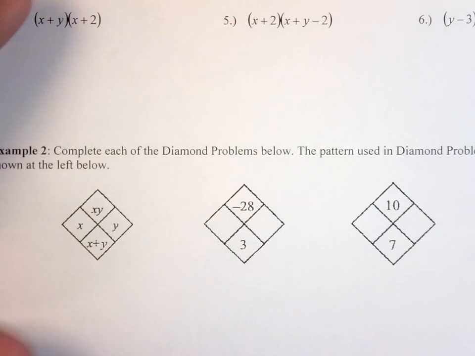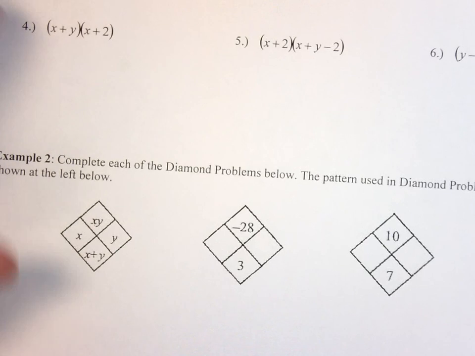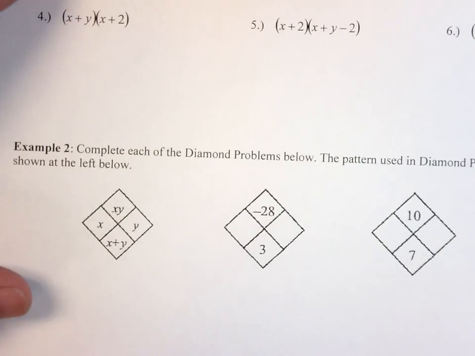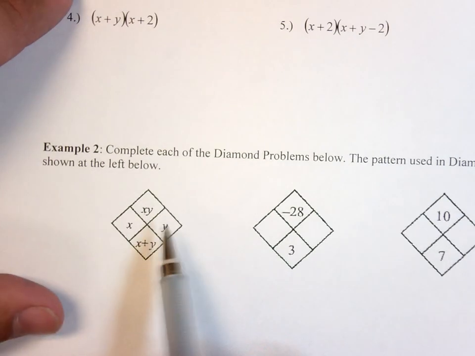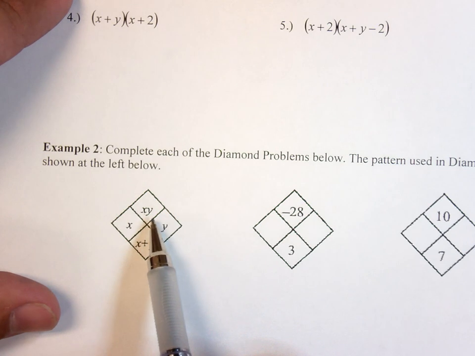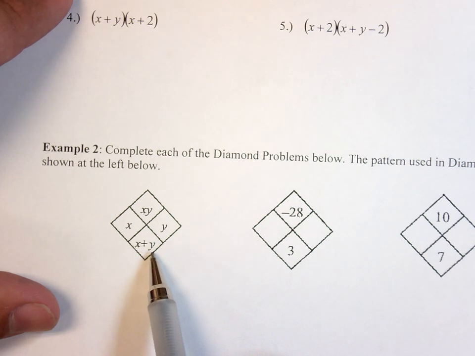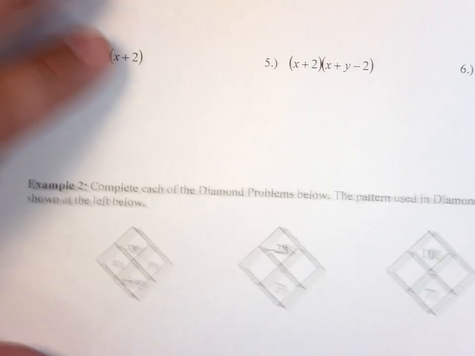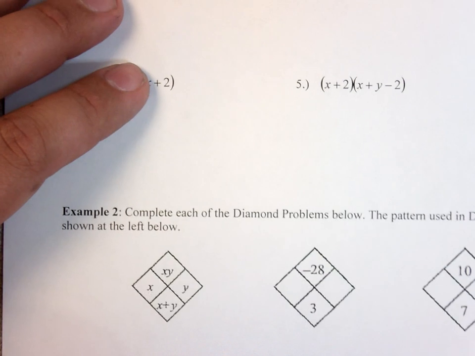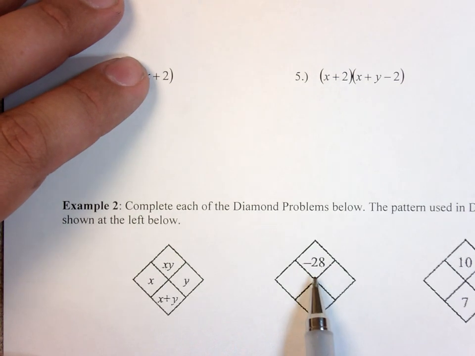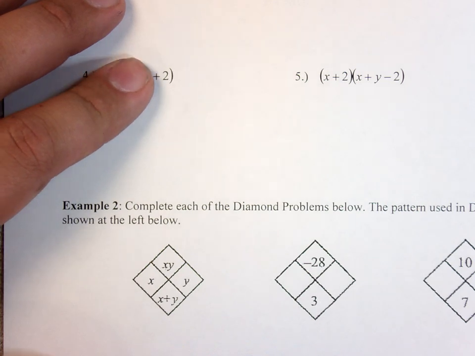All right, moving down to example 2, looking at our diamond problems from algebra. The top of our diamond problem is the product of x times y, and the bottom of our diamond problem is x plus y. So we're looking for two numbers that we can multiply to get negative 28 and add to give us positive 3.